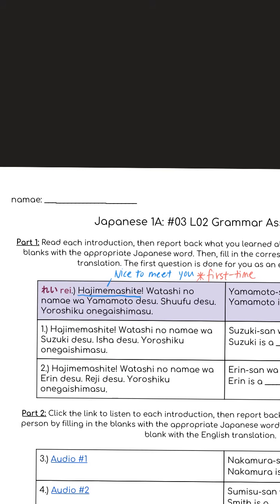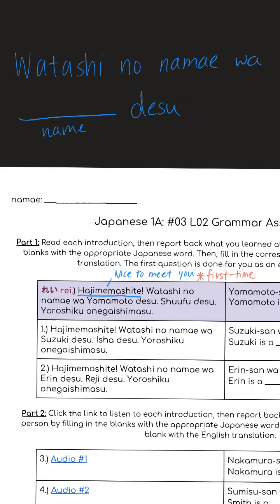All right, let's break down this sentence. So let's go up top here. So the general sentence structure that this is using is watashi no namae wa desu. So what does this all mean?